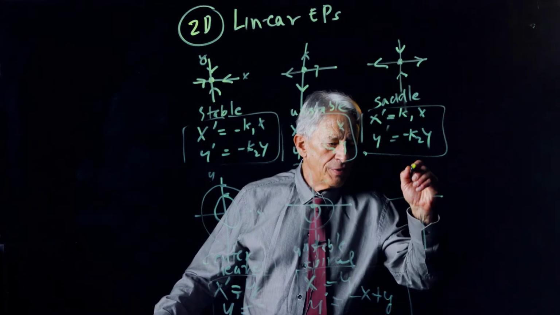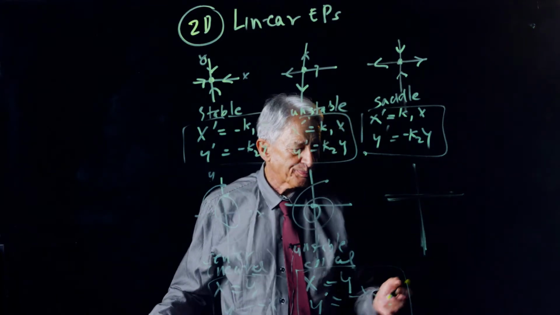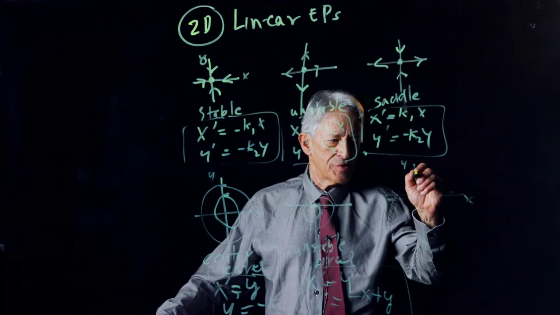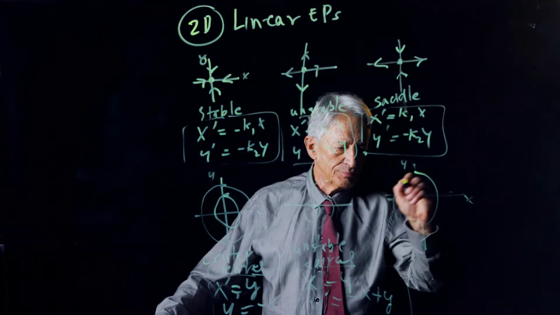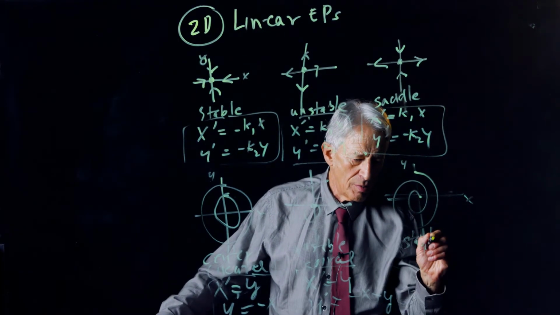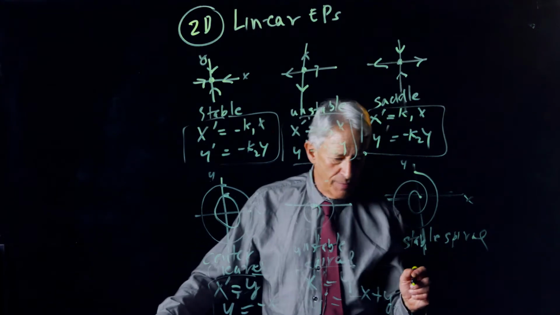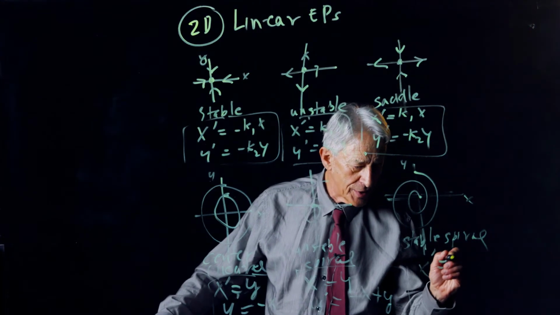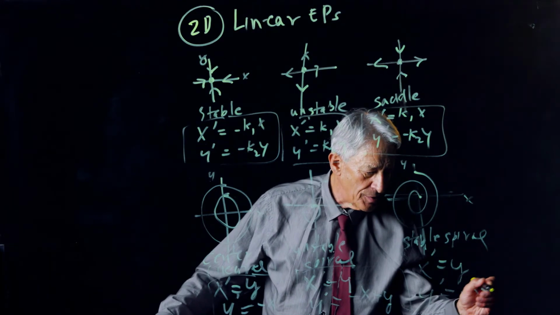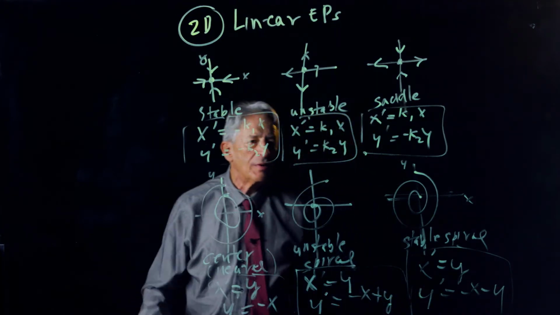And the third interesting equilibrium point was the stable spiral. And that's exemplified by the differential equation x' = y, y' = -x - y. And that is a linear equation.